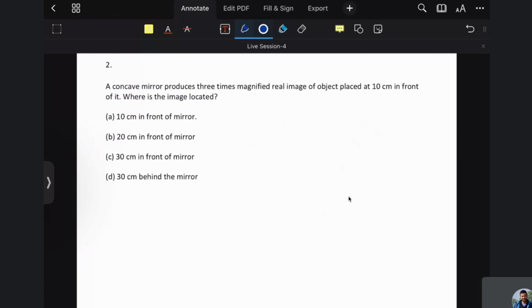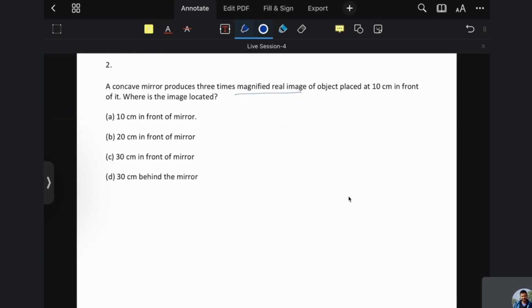Now the second question. So here a concave mirror produces a 3 times magnified real image of an object placed at 10 centimeter in front of it. Okay, where is the image located?